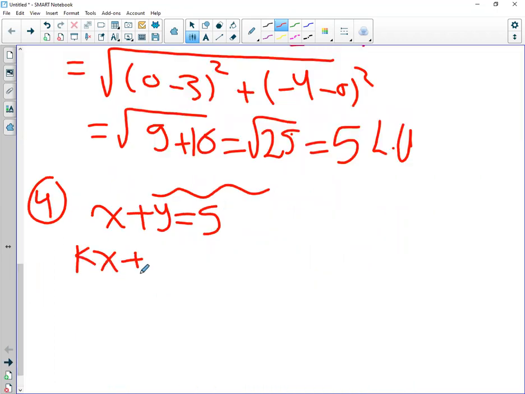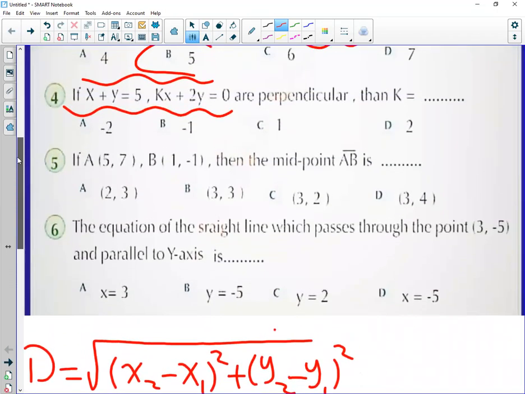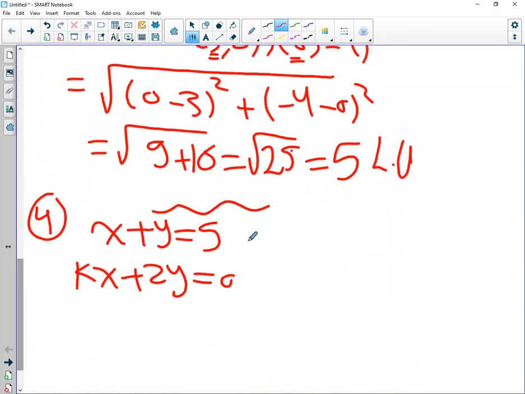These are the two equations of the two straight lines, and the two straight lines are perpendicular. L1 perpendicular to L2.